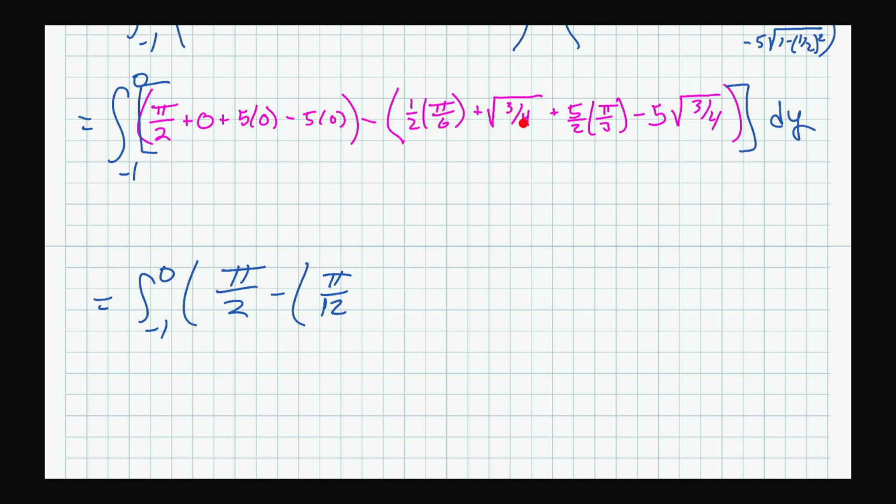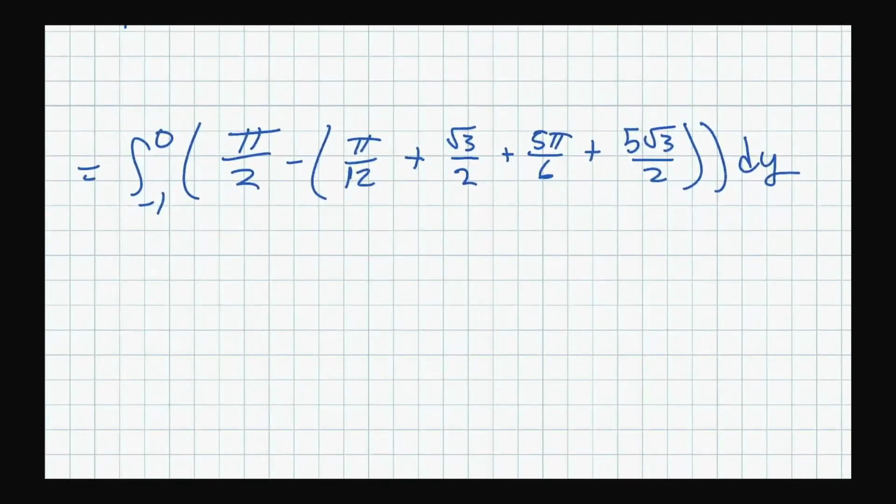Square root 3 over 4. If you square root the top and the bottom separately, you get square root 3 over 2 like that. Then you've got 5 pi over 6. And then we've got a 5 square root 3 over 2. And all of that's in parentheses, and then dy.